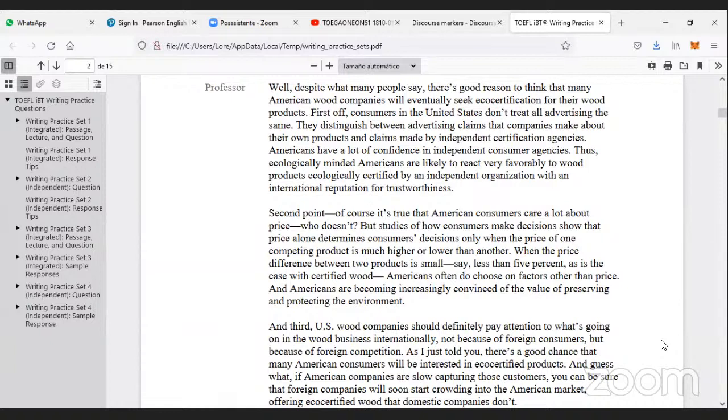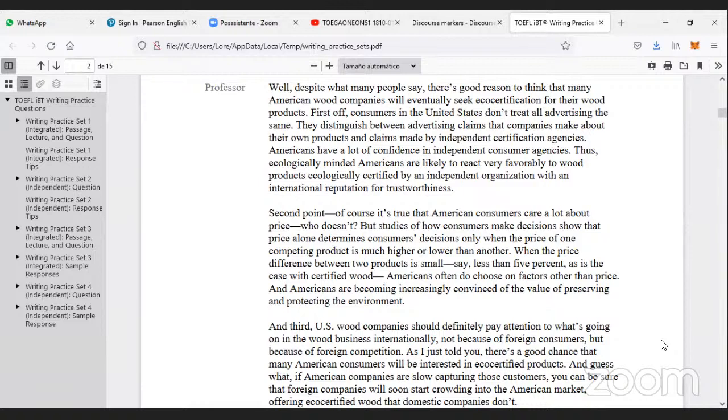Second point, of course, it's true that American consumers care a lot about price. Who doesn't? But studies of how consumers make decisions show that price alone determines consumers' decisions only when the price of one competing product is much higher or lower than another.